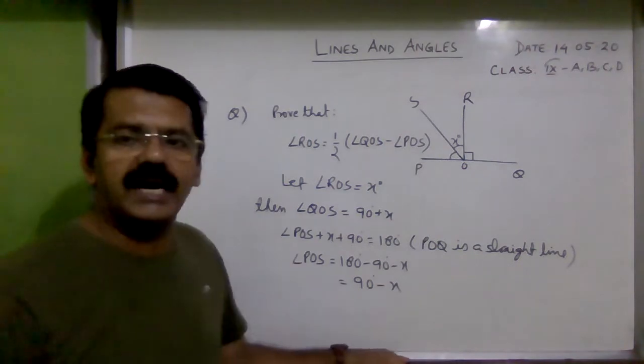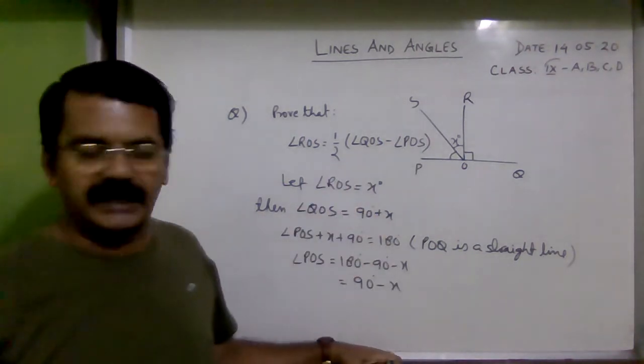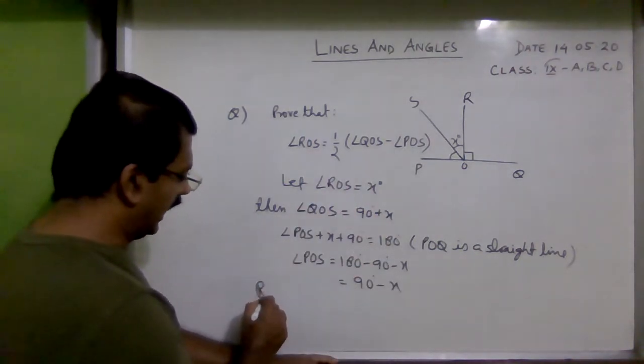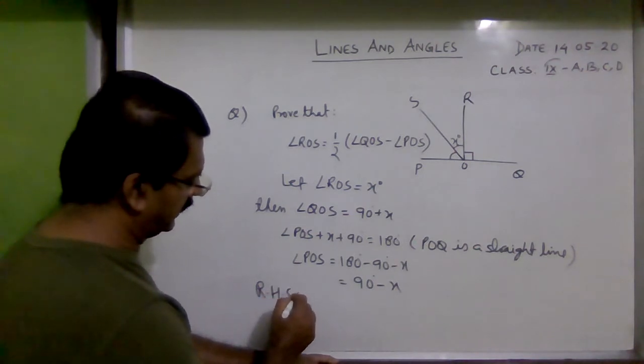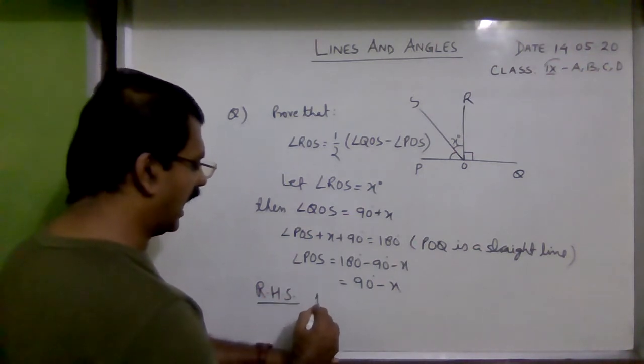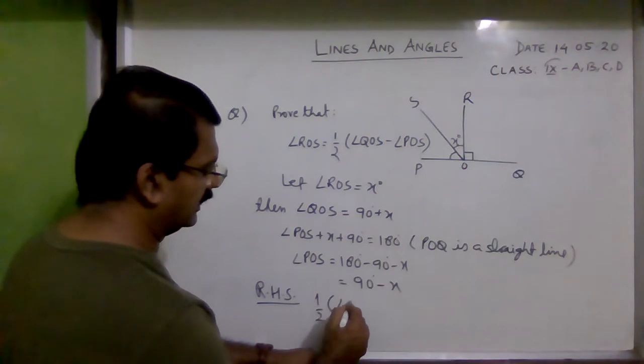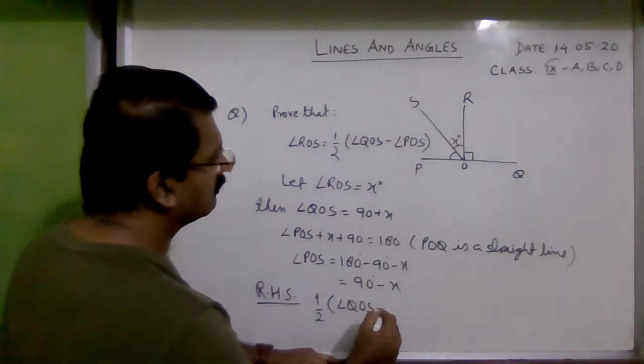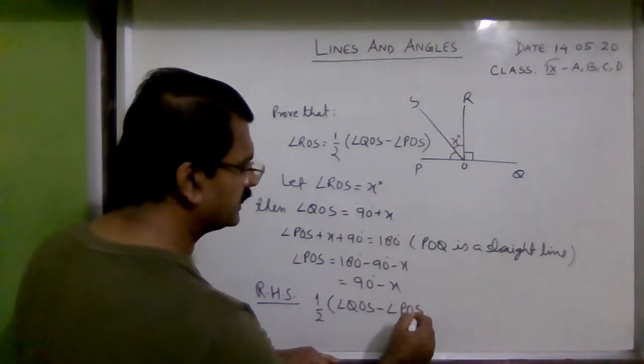Now we'll start with the right hand side of the question, and the right hand side is half of angle QOS minus angle POS.